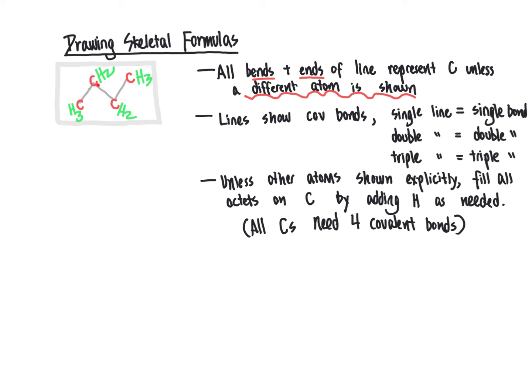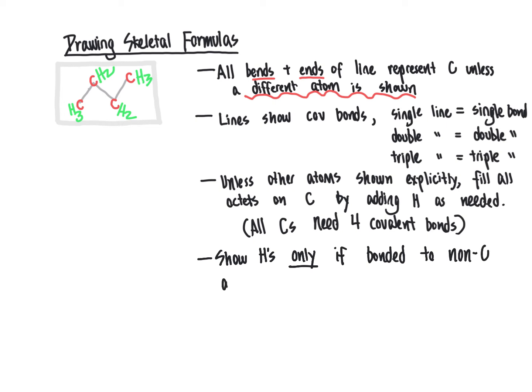And the hydrogens that appear are also implied, where we're using the hydrogens to fill in the octets on the carbon atoms as needed. And this is going to be able to be generalized that carbons will never be shown. Instead, carbons represent the ends of the line and the bends in the line. Hydrogens are omitted in the skeletal formula unless the hydrogens are bonded to a heteroatom. So show hydrogens only if they're bonded to a heteroatom, meaning an atom other than carbon.